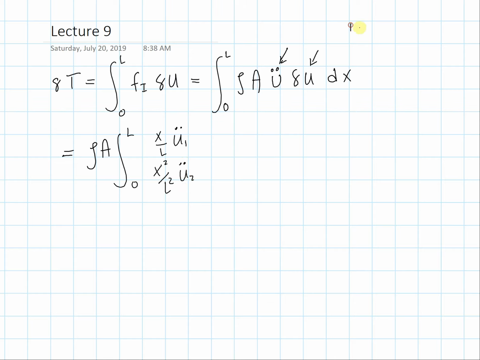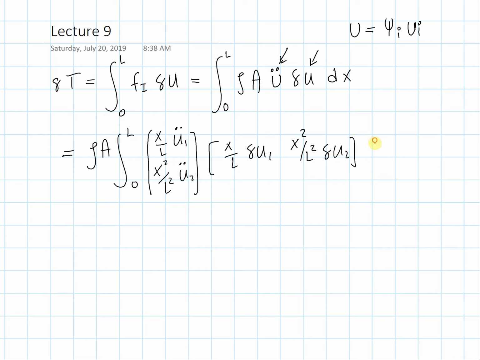If you recall, U is equal to psi i U i, and that's what we're plugging into here. And then I have my row vectors, where the first one is x over L delta U1. Then I have x squared over L squared. Then I have a delta U2, and then dx.